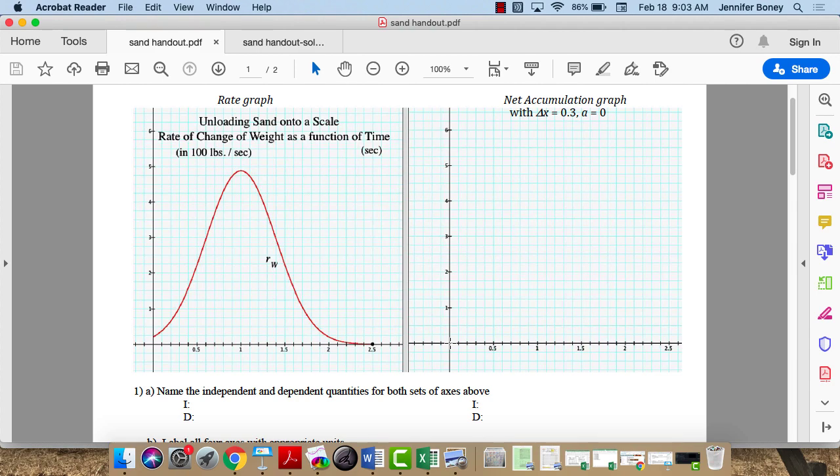I'd go up relatively slowly at first, and then most quickly around time 1 second, and then slow down again. Now we were doing a specific method of computation, but if I just wanted to freehand sketch what I thought this would look like, let's see if I can get this started.